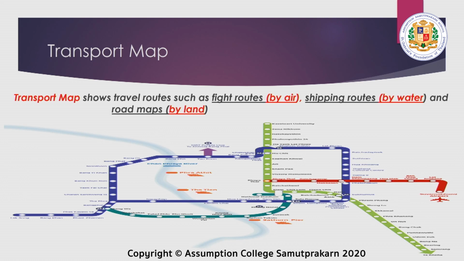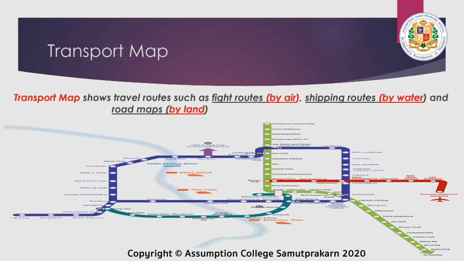And lastly, this is the road map, basically the BTS MRT map. If you are a tourist, it is very helpful for you to know how to go the easiest way. The red line right there represents the Airport Link.